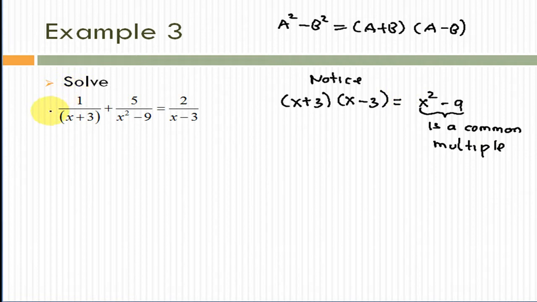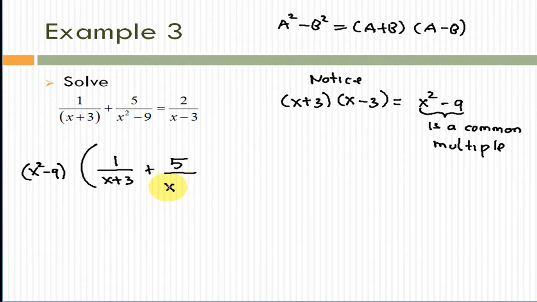Okay, now let us multiply both sides of the equation by this common multiple. So multiply by x squared minus 9, multiply by 1 over x plus 3 plus 5 over x squared minus 9 is equal to x squared minus 9 times 2 over x minus 3.